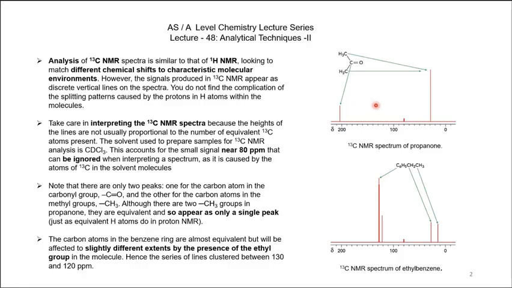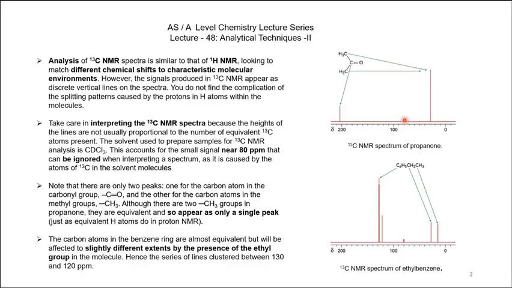As I said, 88 will be the signal peak for CDCl3. Here we see 88, the signal peak of CDCl3. To make it a simple spectrum, to make it very clear, we ignore the signal of the solvent CDCl3 while analyzing the spectrum.